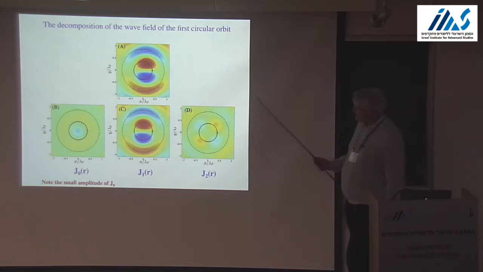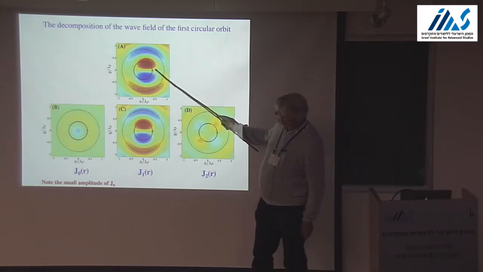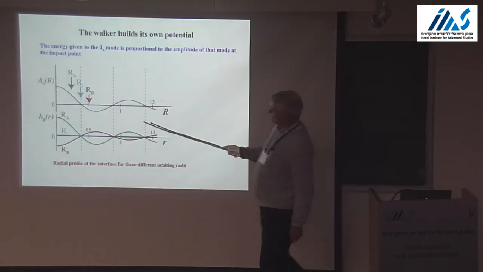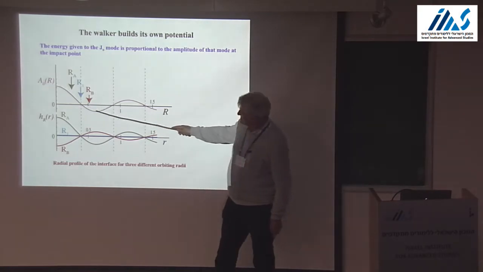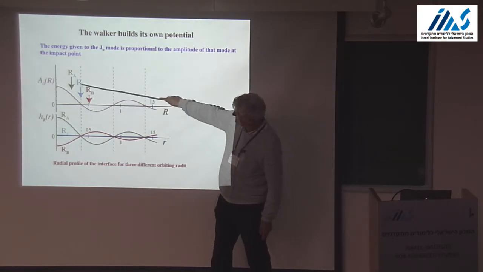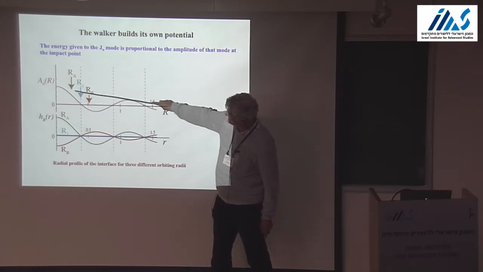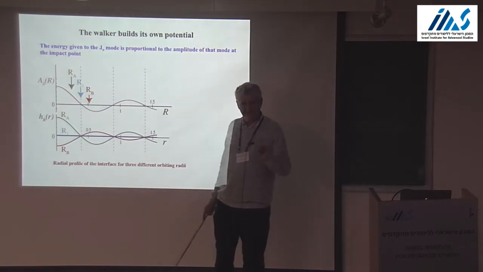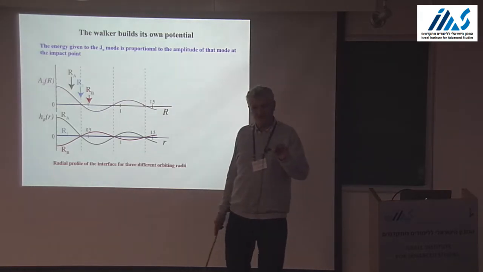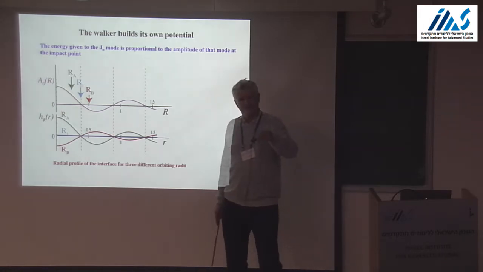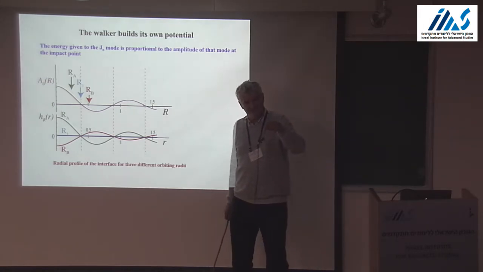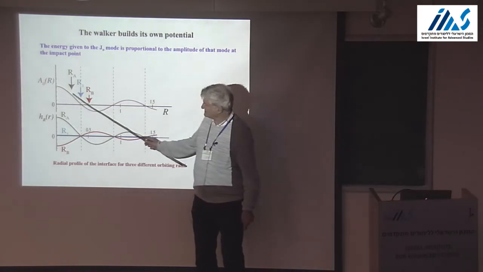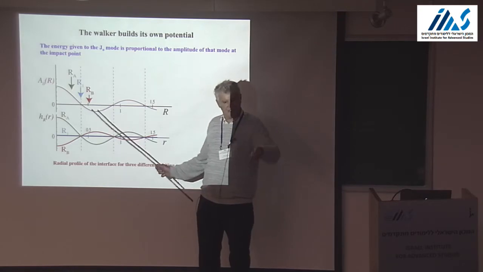And in fact, this is the amplitude of the J0 Bessel function generated as a function of the radius of the orbit. If it coincides with the nodes of the Bessel function, it's like when you hit a drum on its nodes, you don't excite waves. But if you hit it near an antinode, then you excite waves.